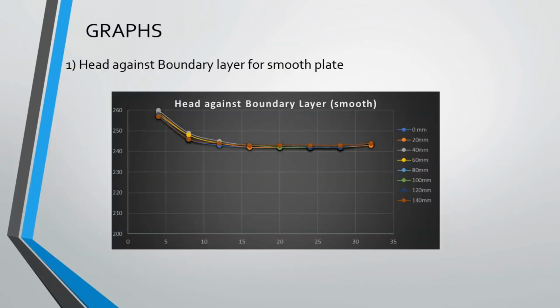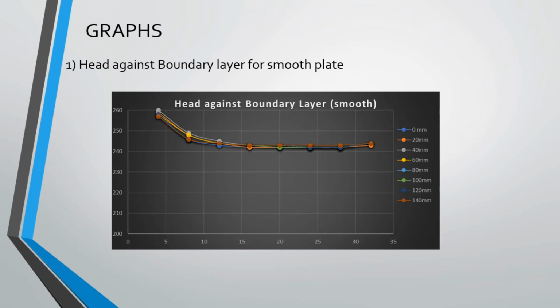So from the data obtained from the experiment for measured head loss and the calculated value of velocity and Reynolds number, we can develop graphs. The first one is the head against boundary layer for smooth plate in different plate distance.